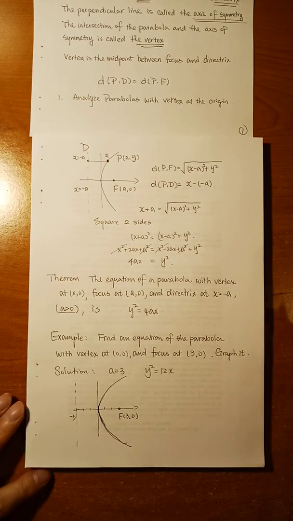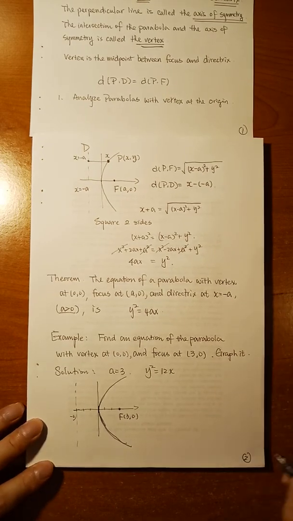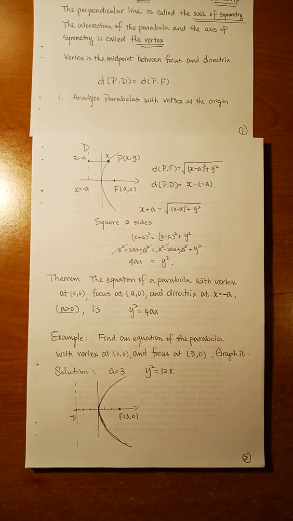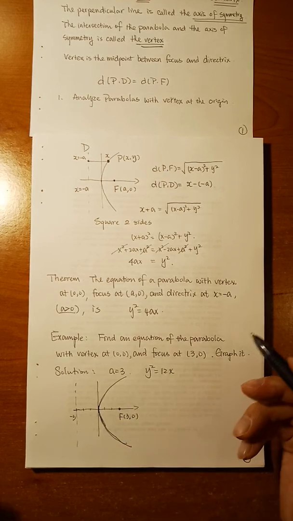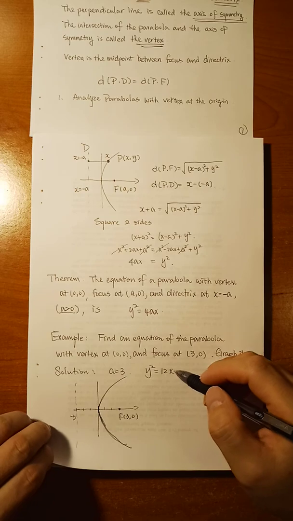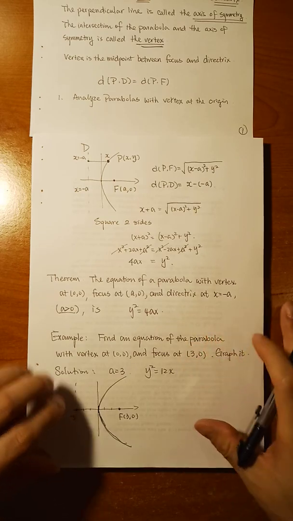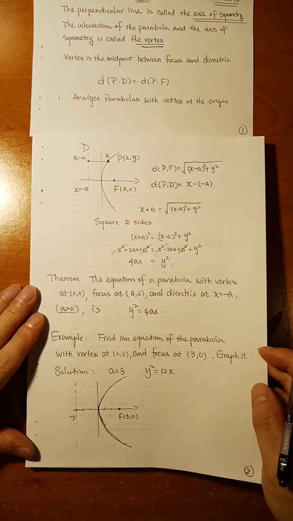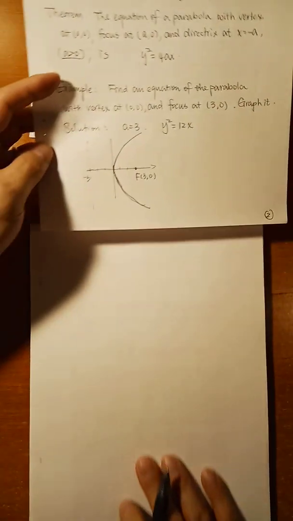Okay, that's it. That is the equation and the graph. By hand, that's the best we can do. So from the focus we can get the equation. Also from the equation we can get the corresponding focus, vertex, and the directrix.